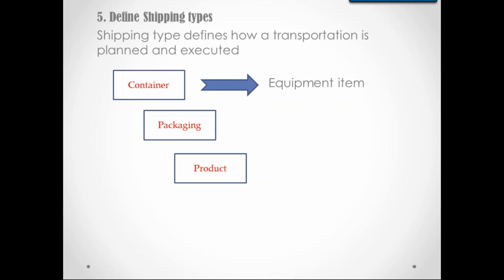You cannot go to DHL and say, I have 100 laptops. It has to be packed. The package can be either a container or packaging. Based on the material or the weight, the charges of your transportation will be calculated.